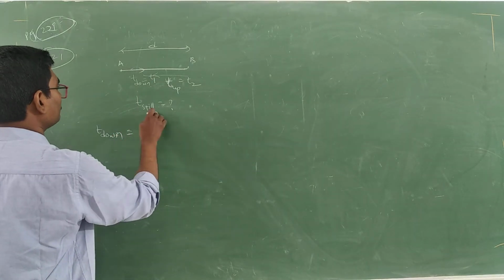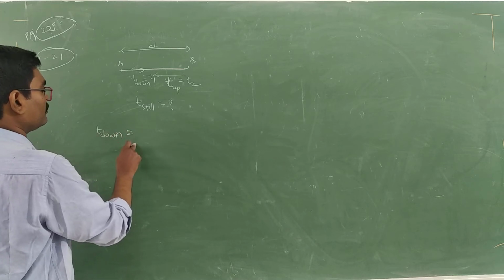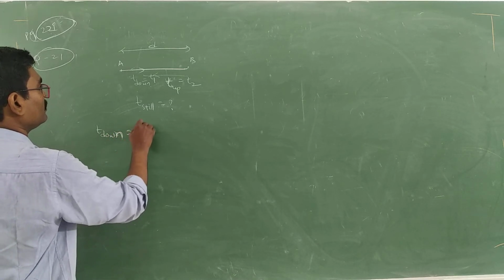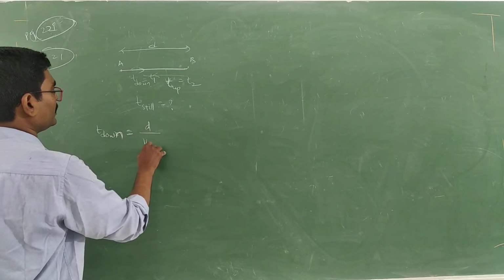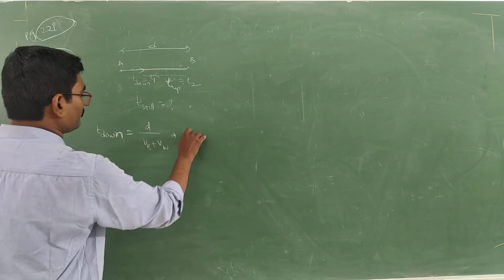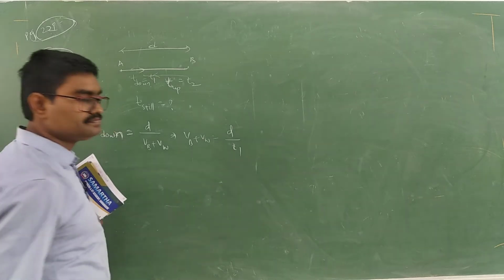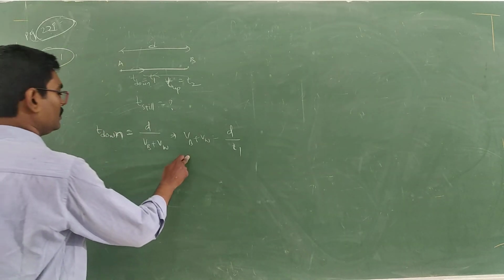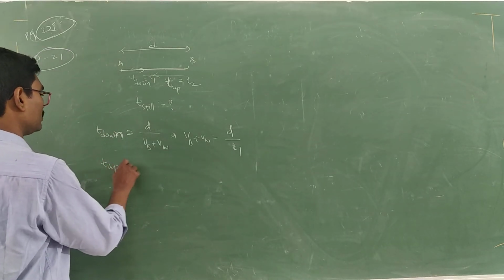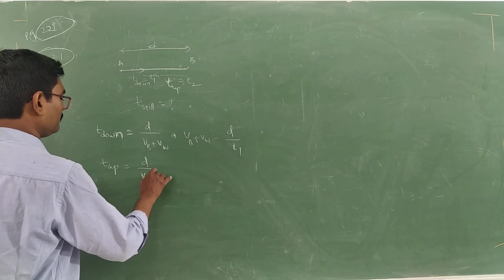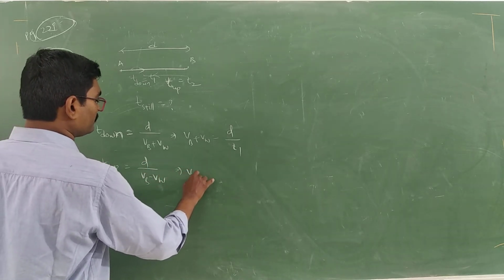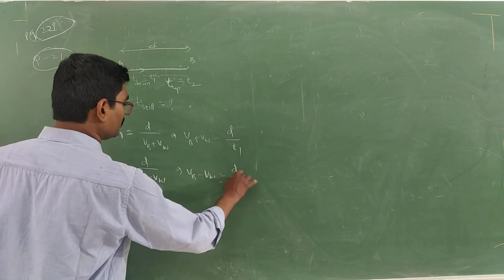T down is equal to, what is the formula? D by VB plus VW. From this, VB plus VW is equal to D by T1. Next, T up is equal to D by VB minus VW. From this, VB minus VW is equal to D by T2.